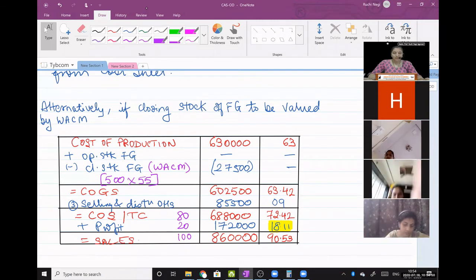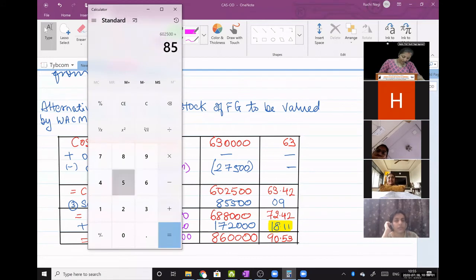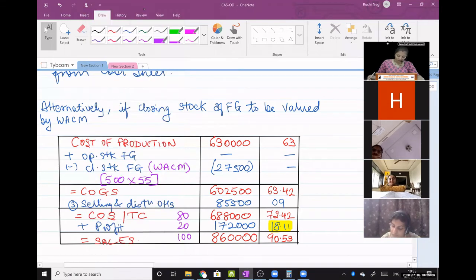Then add selling and distribution overheads. Directly take the total, 85,500. Add. So my cost of sales, total cost, is 6,88,000. Okay.